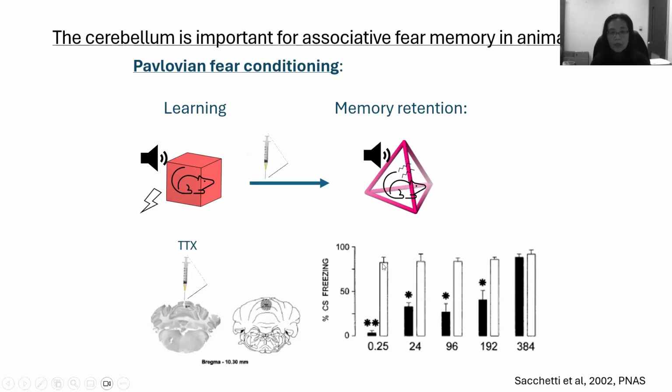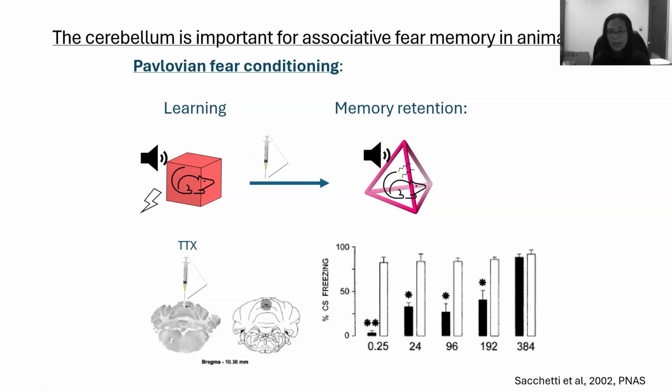The animals that received saline injection are shown by the white bar. They show a prominent freezing, about 80% freezing to the tone. However, those animals that received a TTX injection show very little freezing. And this impairment of memory recall lasts within 1 week of the fear conditioning.